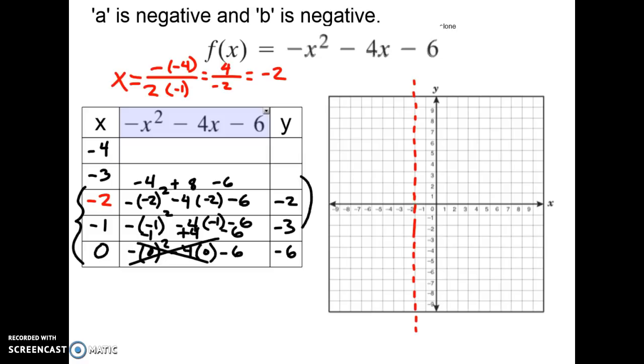So then these get translated up here. We got negative 3 and negative 6. And then we can plot those points onto the graph. Negative 4, negative 6, negative 3, negative 3, negative 2, negative 2, negative 1, negative 3, and 0, negative 6. And we can draw our graph in.